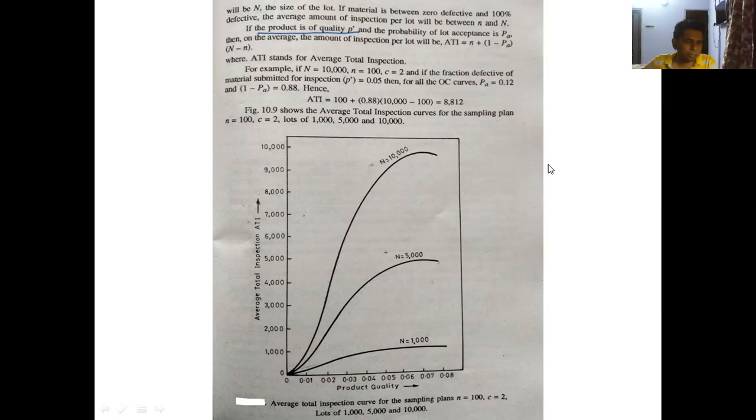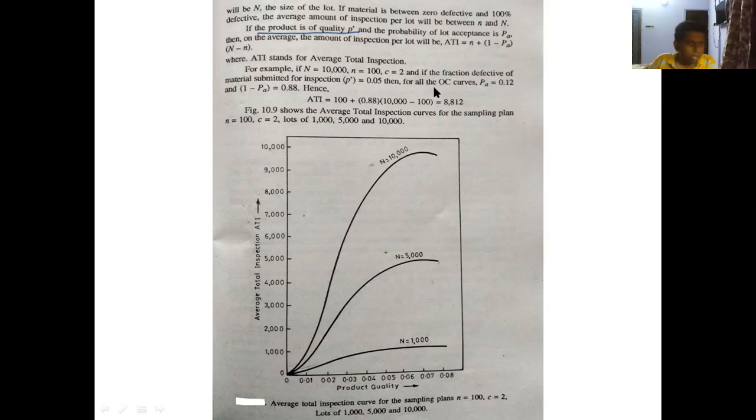That means in the population, how many defectives are there in that particular population. That is known as the fraction defective. So if the fraction defective is given, or if you know the material product quality, then you can find out the average total inspection given small n, c, capital N, if these things are specified.